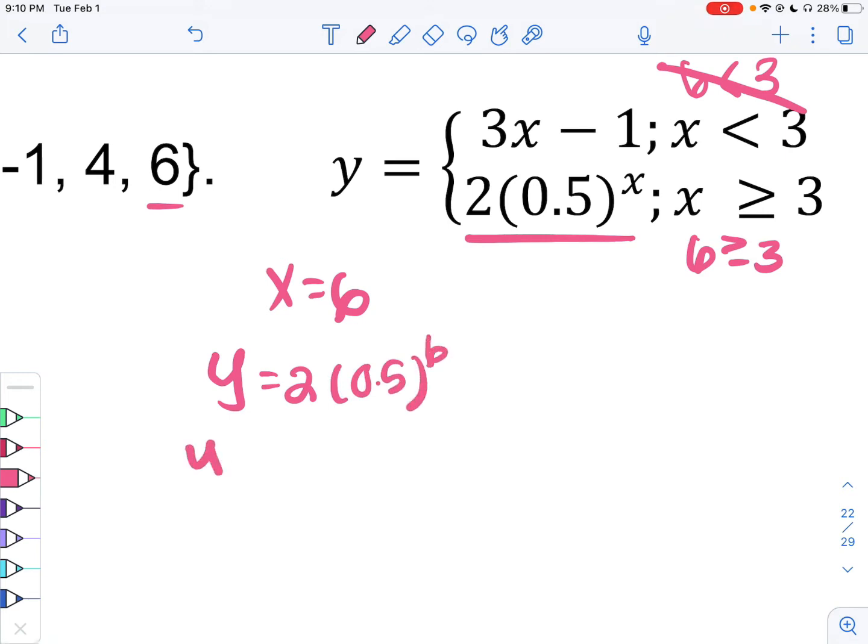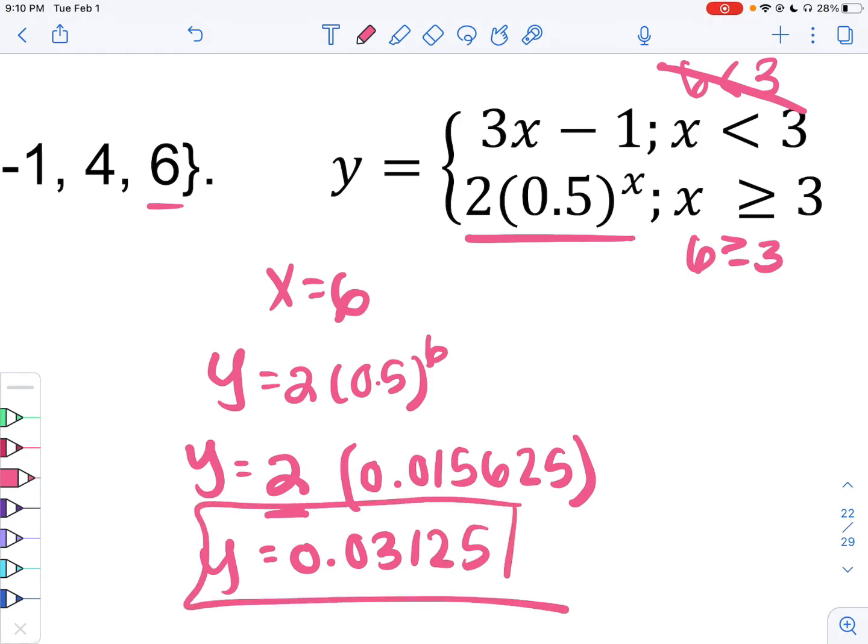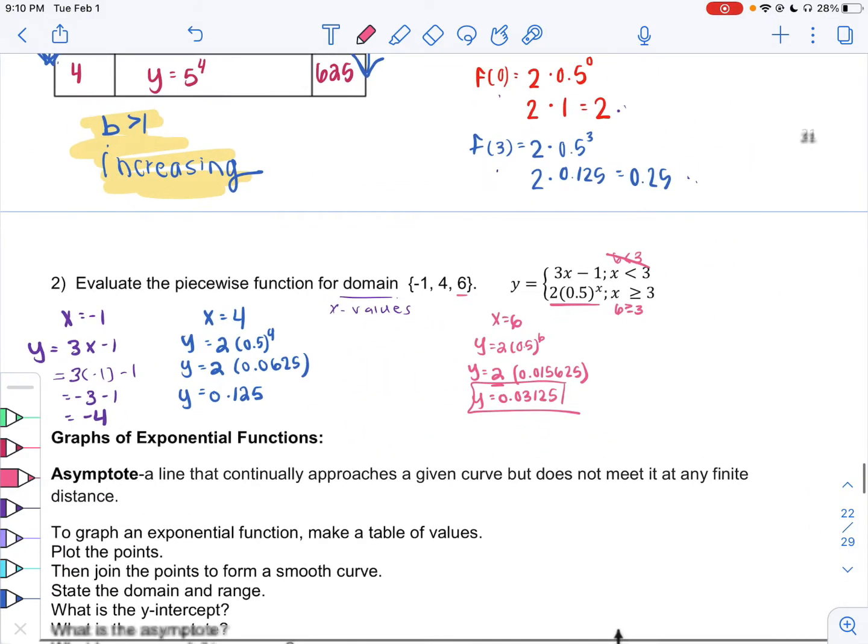And this is not a very pretty number, warning you ahead of time. But we do our exponent first. So 0.015625, and then multiply by 2. So y is 0.03125. Okay, so that is evaluating for piecewise.